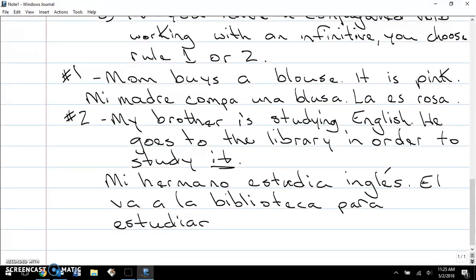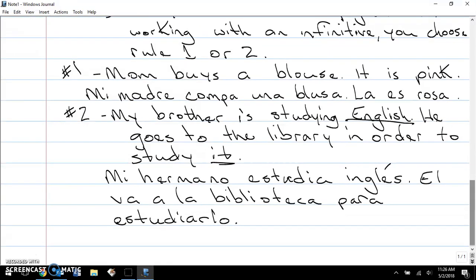It is referring back to English. Who or what is he studying? English. So, in order to study it, English is el inglés. So it is masculine. It's not human and it's singular. That puts me third person, estudiar lo. Because I have an infinitive working by itself. It's not with another verb. That's rule 2.